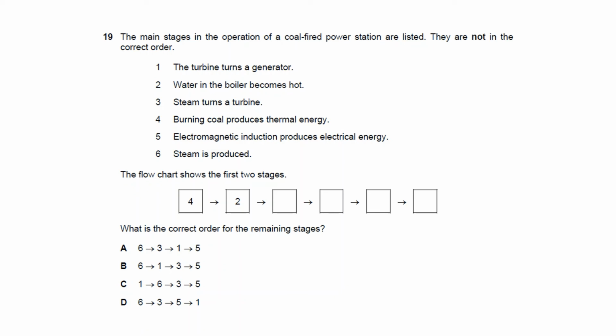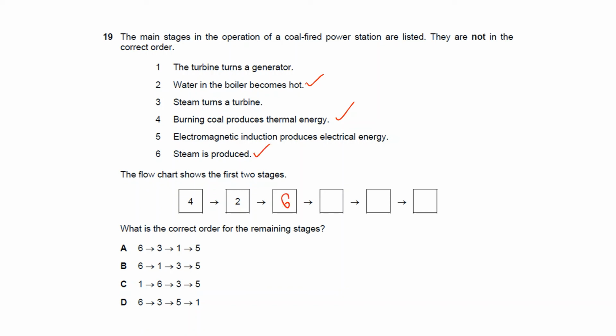Well, first of all, you first need to burn the fuel, whatever you're using, right? So you first burn the coal, and that will make the water in the boiler hot. It makes it so hot that steam is produced, all right?